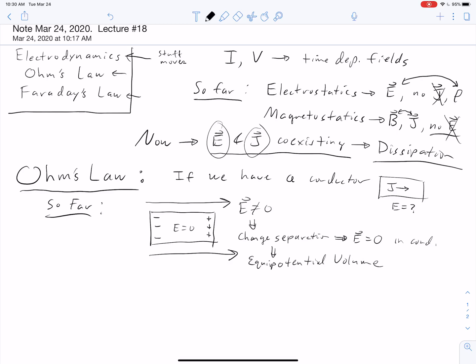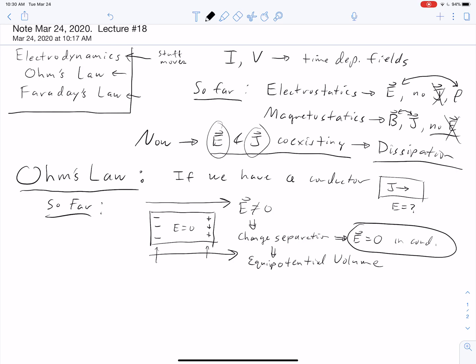If I move from one point in the conductor to another point with charge, then the charge cannot move downhill. It has to be a level playing field. The energetic landscape has to be constant. So in conductors so far we've had electric field is 0.